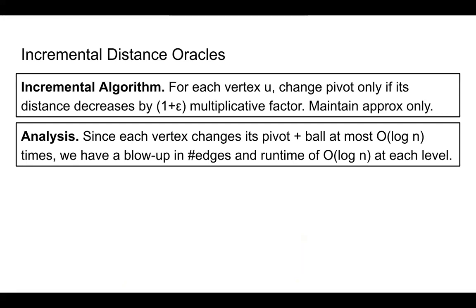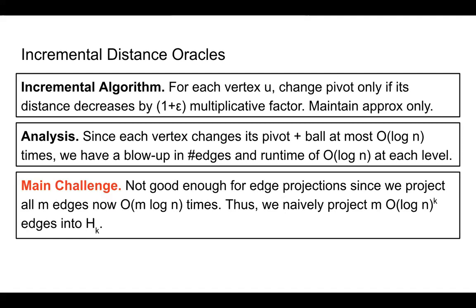And this just means that you will have a blow up in the number of edges that you project in the next level graph in the emulator, and in the runtime, by roughly a log n at each level.